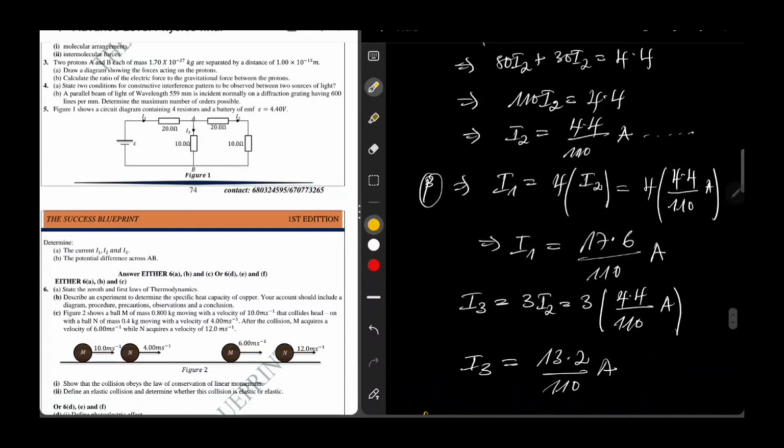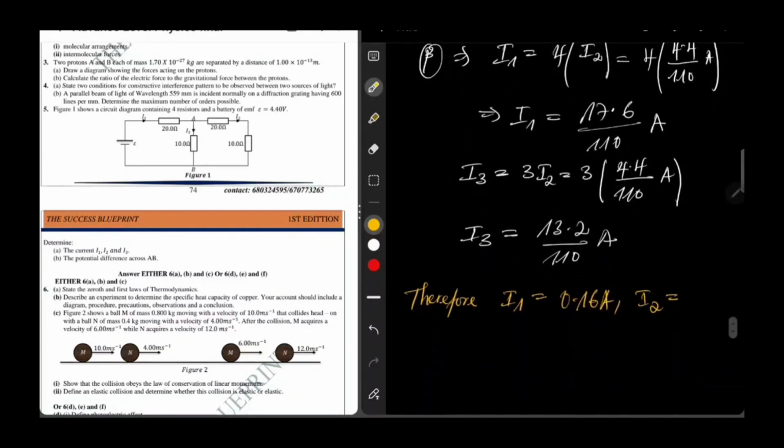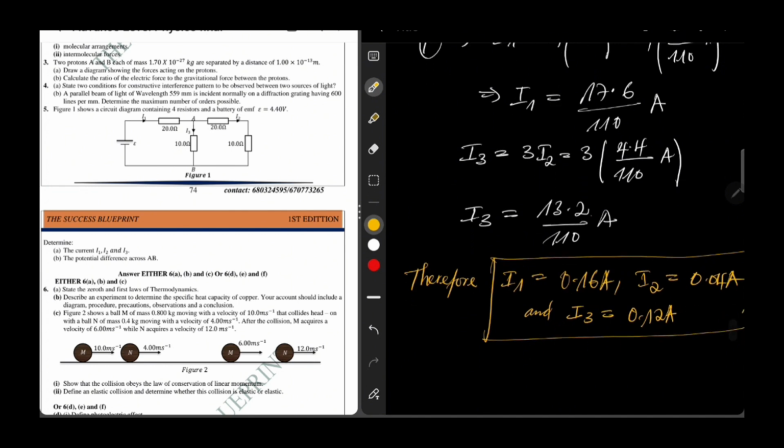I2 is 4.4 over 110, so we have 4.4 divided by 110, which gives us 0.04 amperes. And I3 is 13.2 divided by 110, which gives us 0.12 amperes. So these are the currents that flow through the resistors.